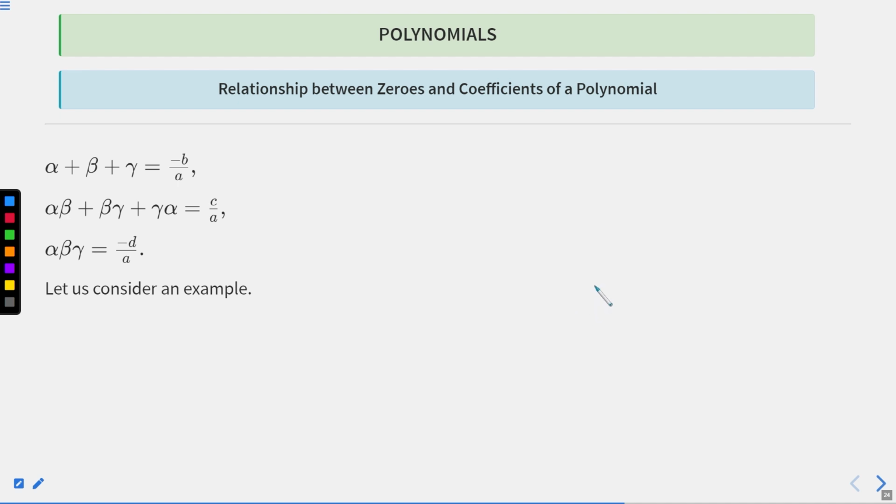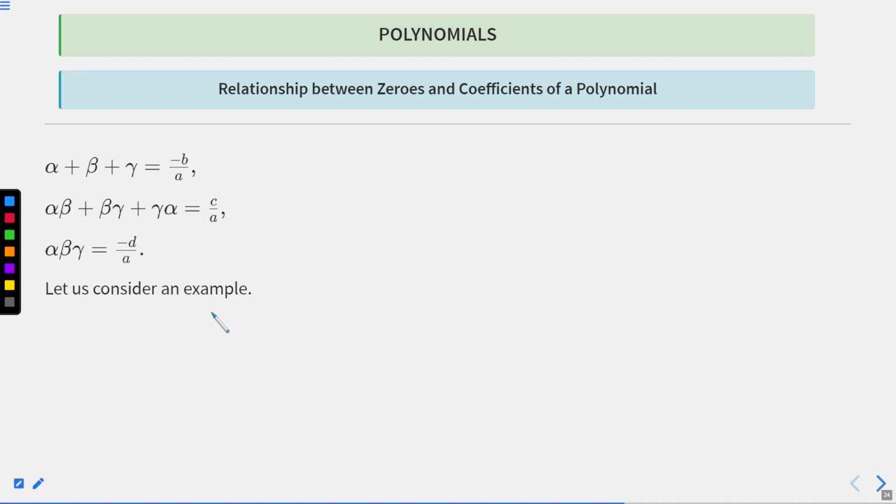And alpha times beta plus beta times gamma plus gamma times alpha is equal to coefficient of x divided by coefficient of x cube, and this is equal to c upon a. And if we take the product of these three zeros, alpha times beta times gamma, this is equal to minus of the constant term divided by coefficient of x cube.